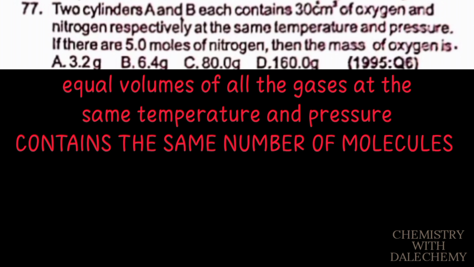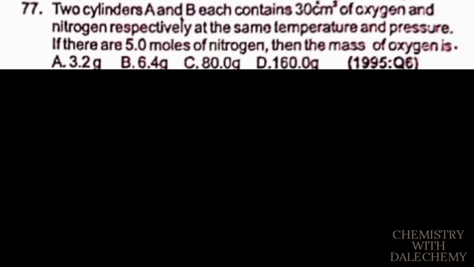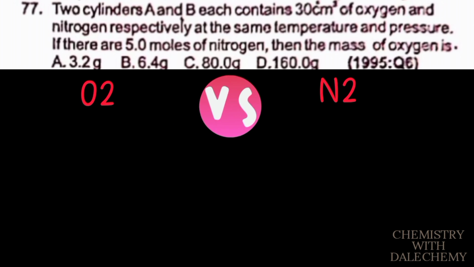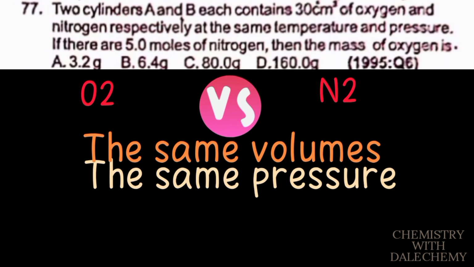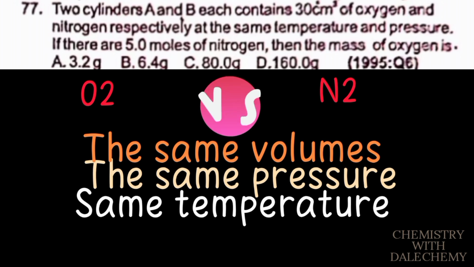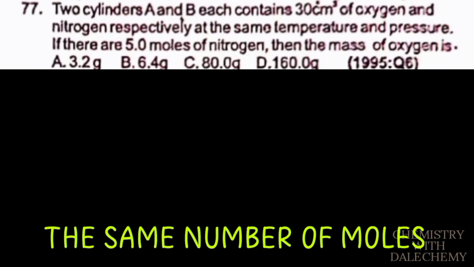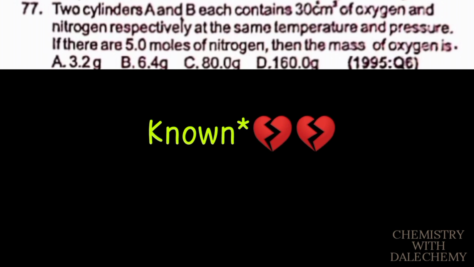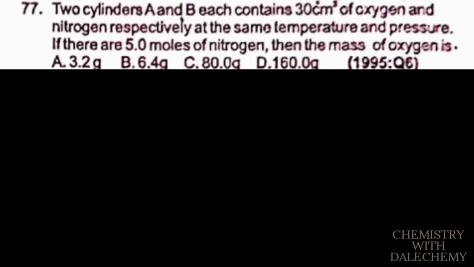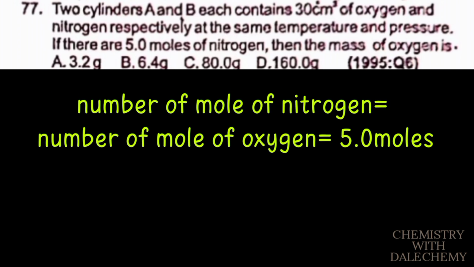So oxygen and nitrogen have the same volume and are at the same temperature and pressure, which means they must have the same number of molecules, that is, the same number of moles. Knowing that, we are only given 5 moles of nitrogen, so by implication oxygen also has 5 moles present in that second cylinder.